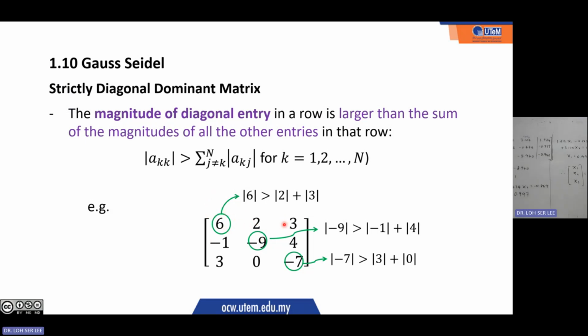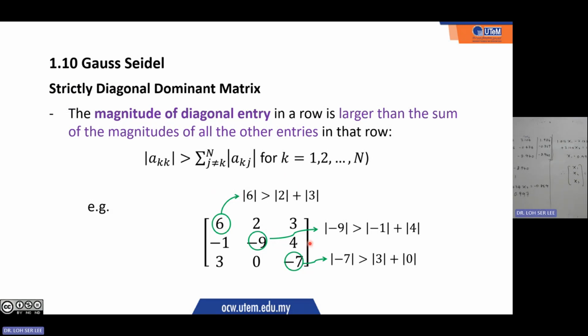This diagonal entry magnitude should be greater than the sum of the rest. So the sum of these two is positive 2 plus positive 3, which is positive 5, where 6 is greater than 5.